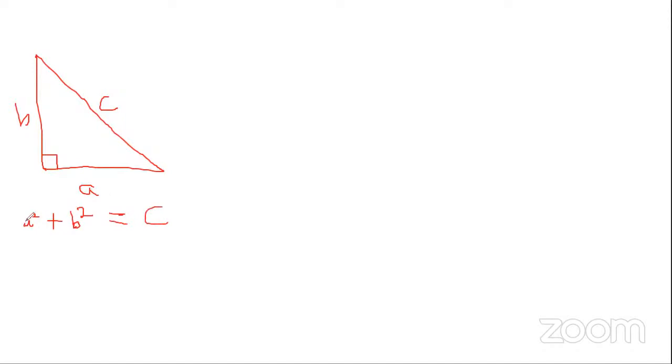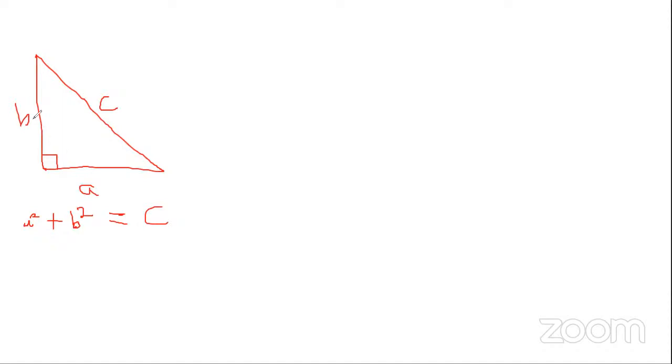How does Pythagoras state? a squared is equal to b squared plus c squared, of which a is the longest side.